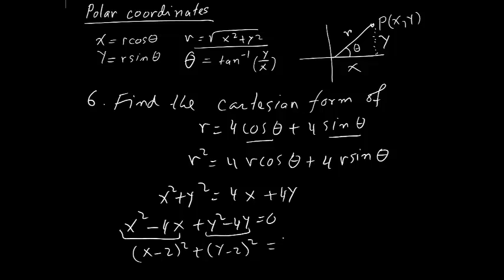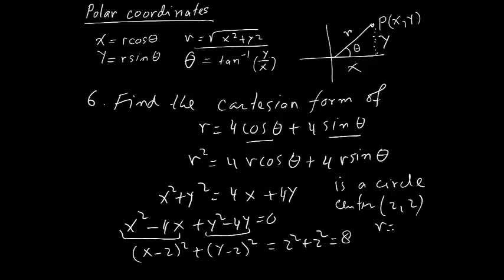And then you can write on the other side 2 squared plus 2 squared, which is 8. So then we can see that is a circle now. So center at 2, 2, and radius is square root of 8, or you can say 2 radical 2, right?